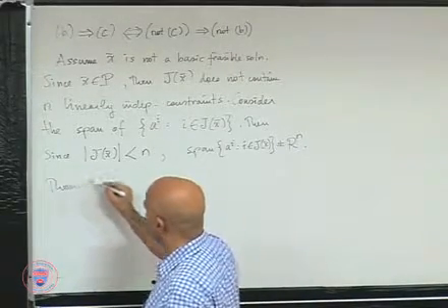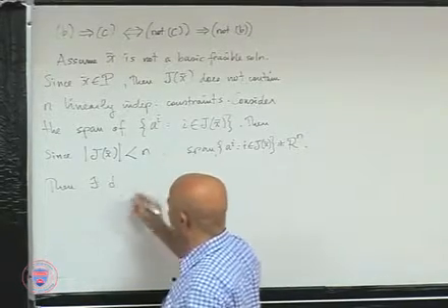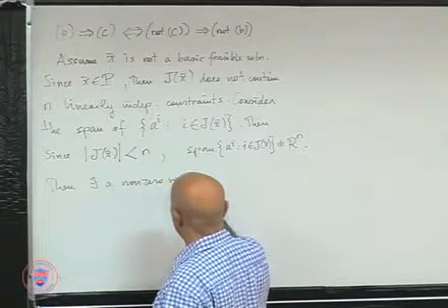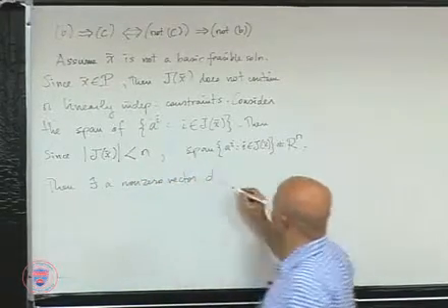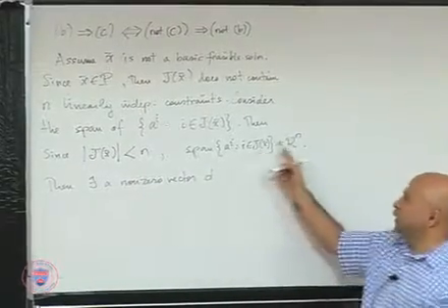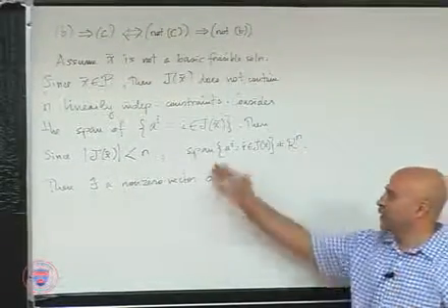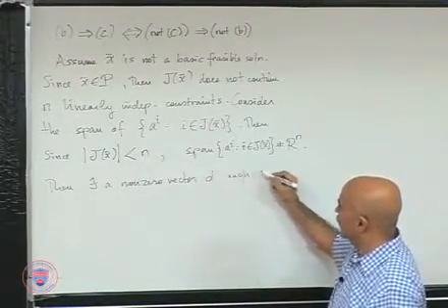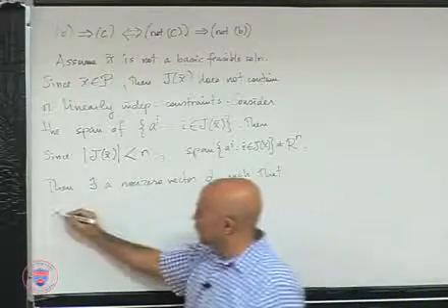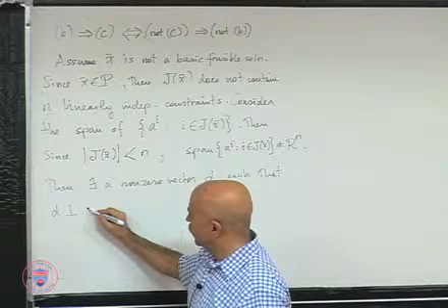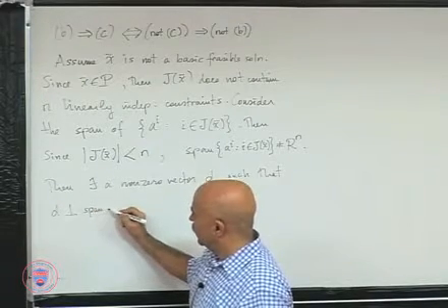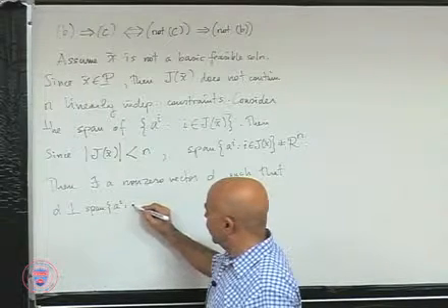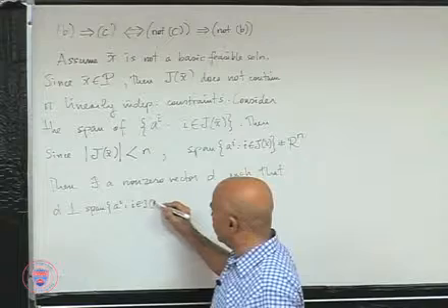Then there exists a non-zero vector D in Rn, outside the span, such that D is orthogonal to everything in the span of these vectors.